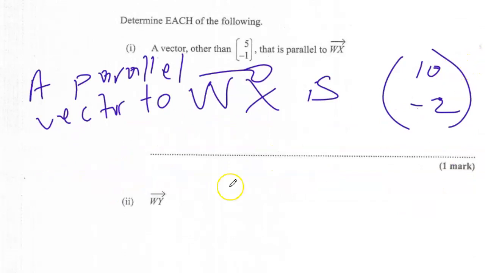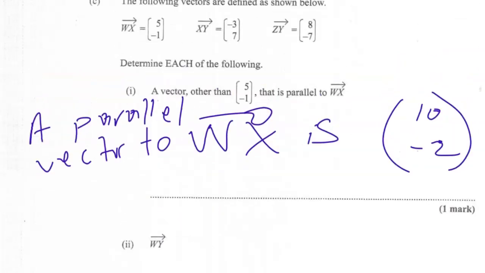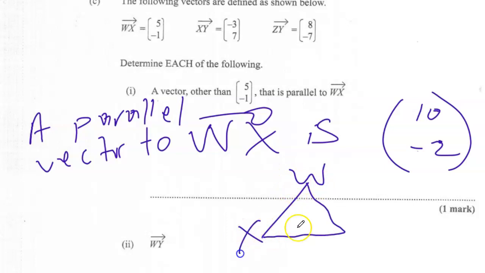Find the vector WY. Now we have 3 points, W, X, Y, and Z. Let me do a triangle just to show you something quickly. Here's a triangle, and you can put W, X and Y anywhere on the triangle. We also find the vector WY.